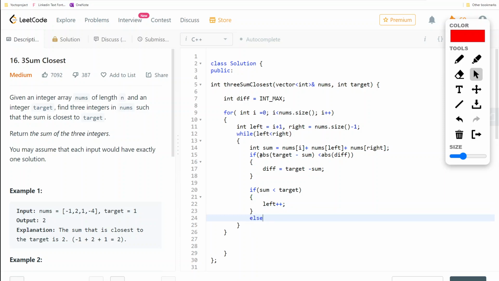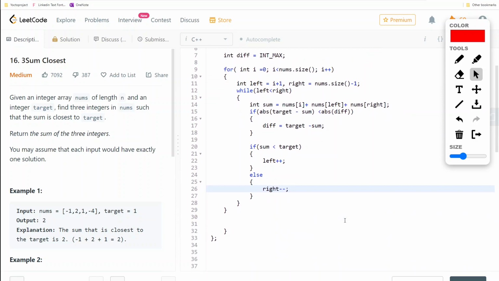Else, in the scenario when our sum is greater than or equal to target, in that context we will be decrementing our right. So that's all we are required to do, and then at the end we will be returning target minus, not the sum but the difference, because we are required to return the sum. That's why.